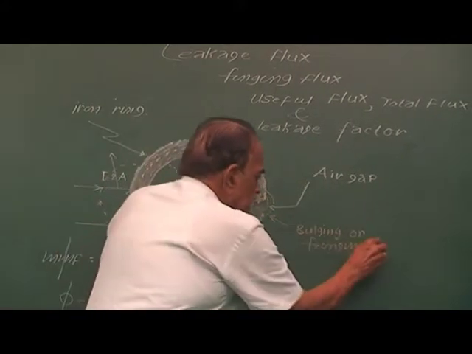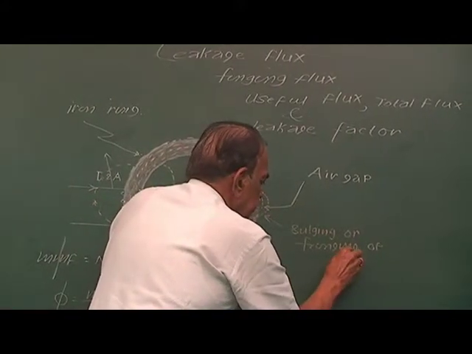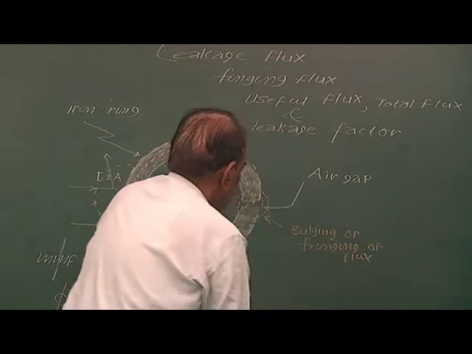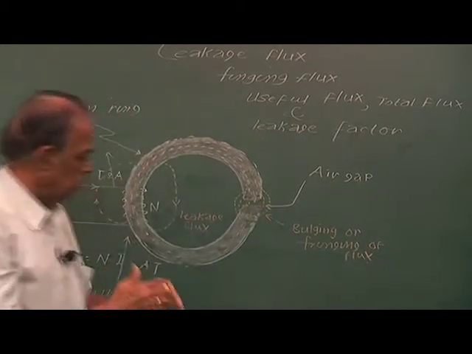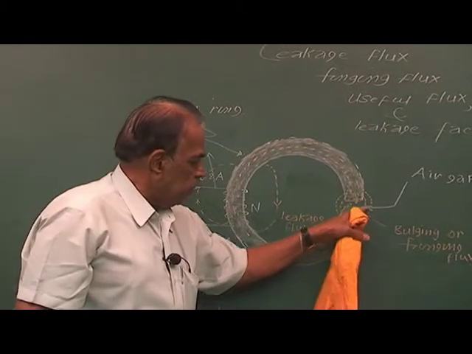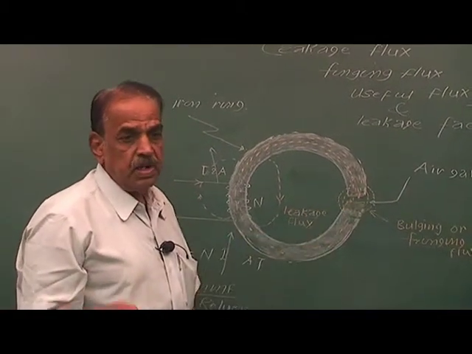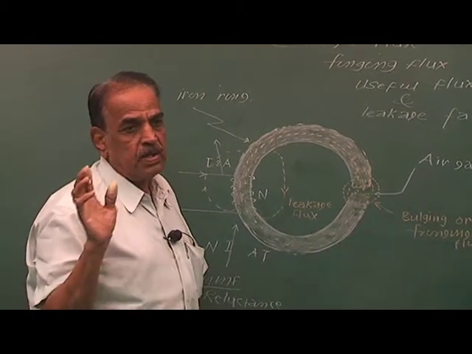Bulging or fringing of flux. So why do the flux lines bulge? It is due to mutual repulsion.